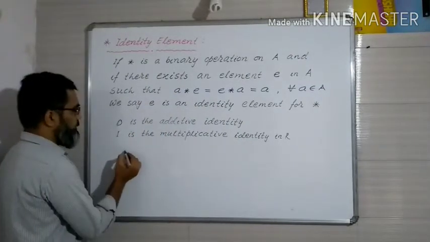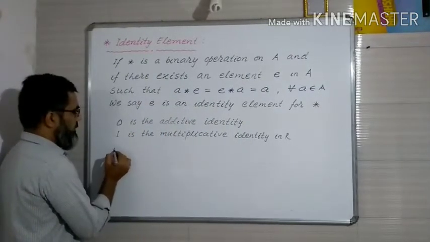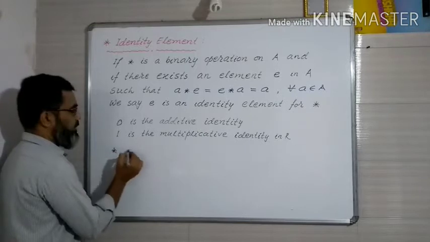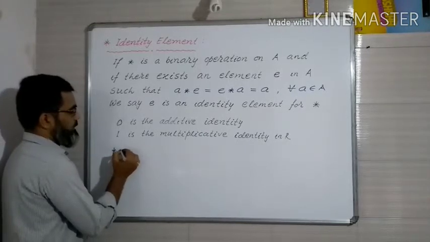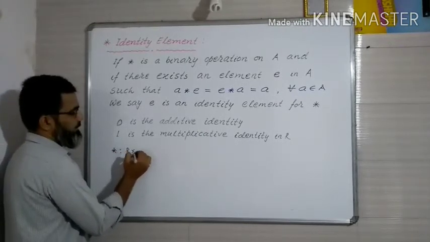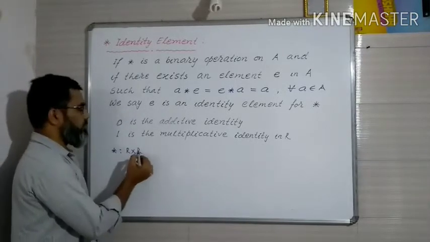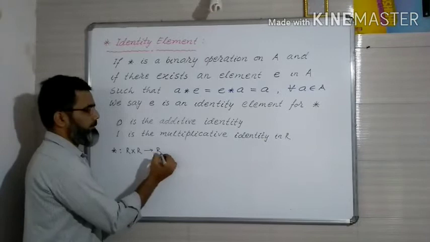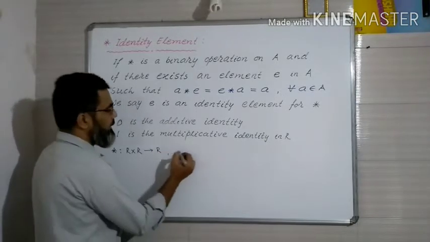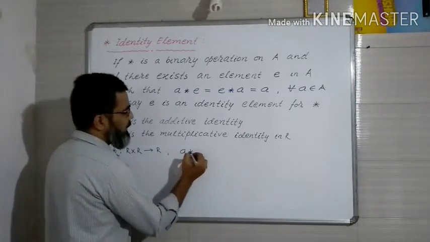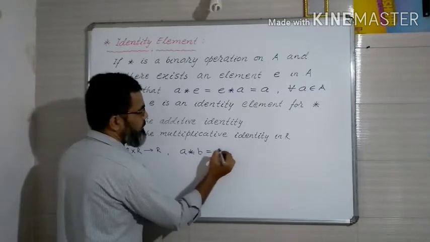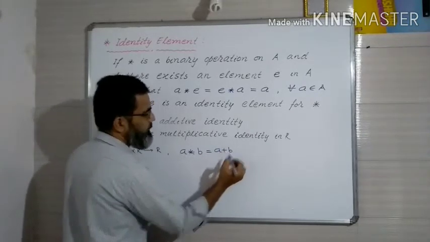See here, if I take a binary operation on set R, then I will write it as R plus R to R, and operation is addition, so I will write A star B is equal to A plus B.